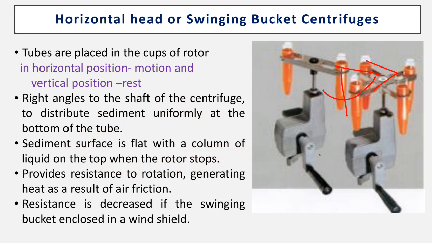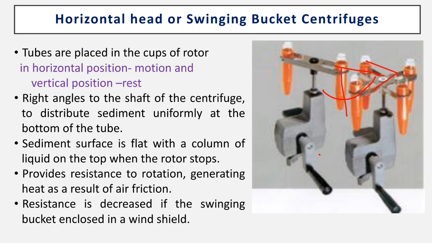Next, this horizontal or swinging bucket centrifuge provides resistance to the rotation and generates heat as a result of air friction. Because these moving parts go from vertical to horizontal position, and there is a gap in between, that leads to air friction that resists the rotation.